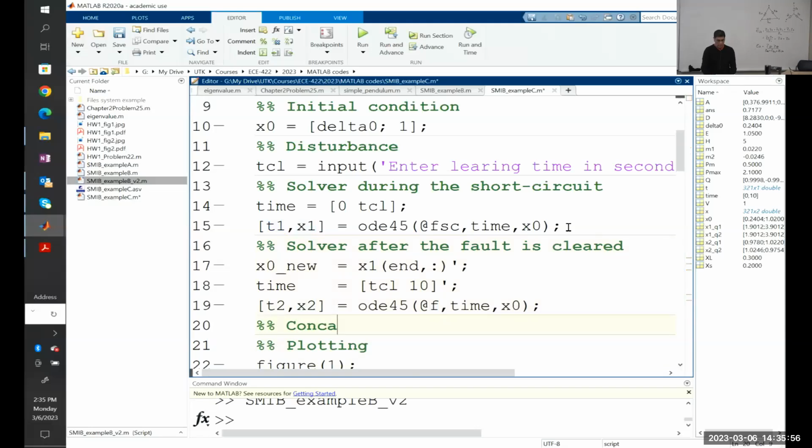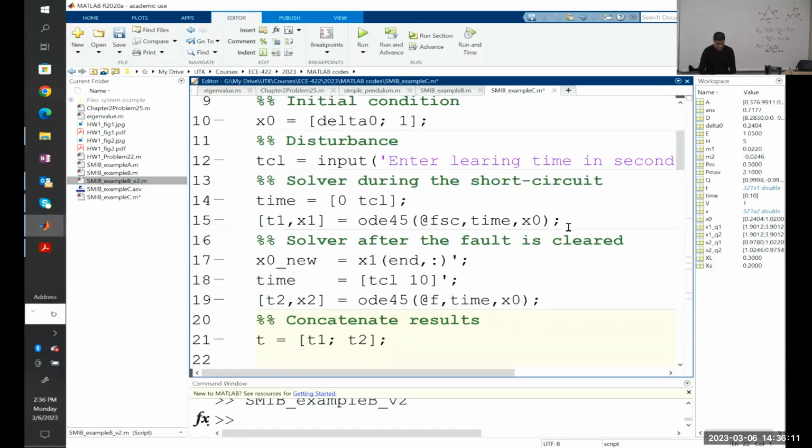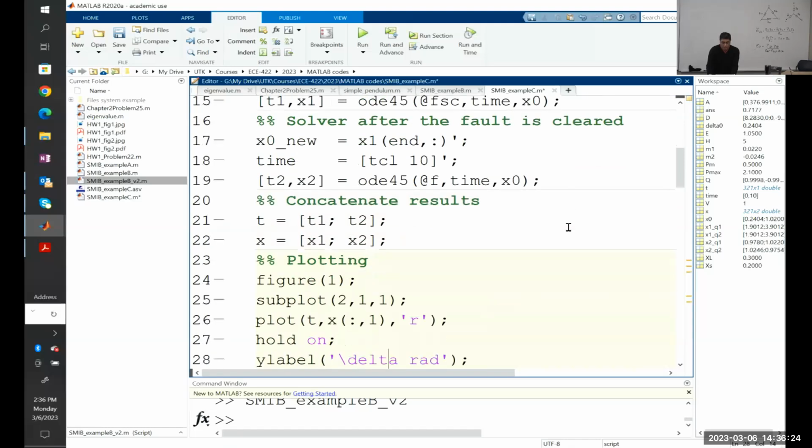Here, we're going to concatenate results. So the time that we are going to have now is T1, a column vector, and below that we put the second vector of time. For the state variables, the same, we put the matrix X1, but below that we put the matrix X2. And now we have the variables T and X.